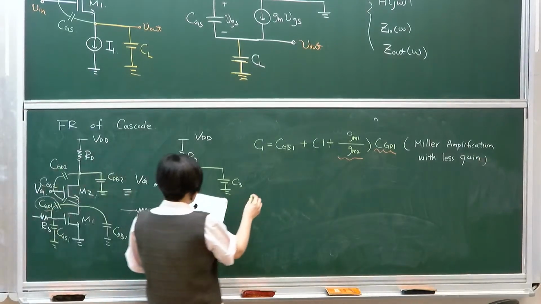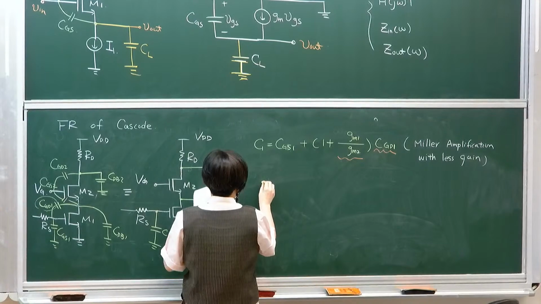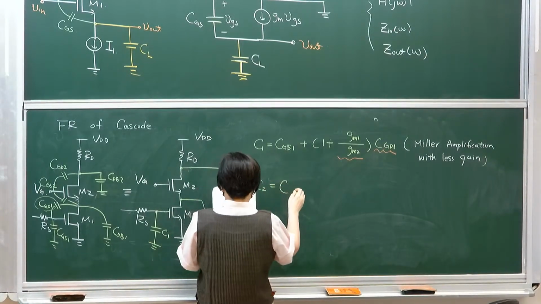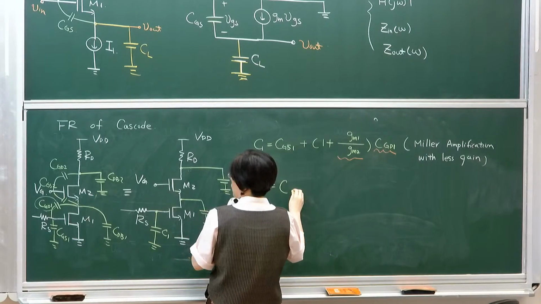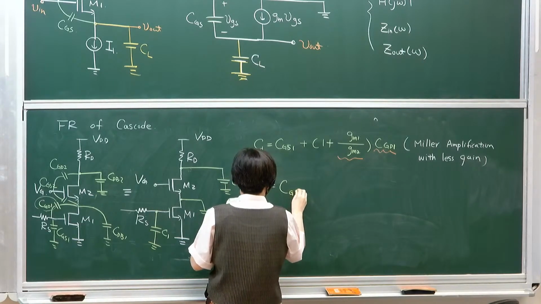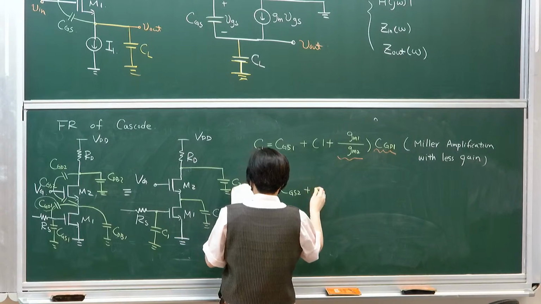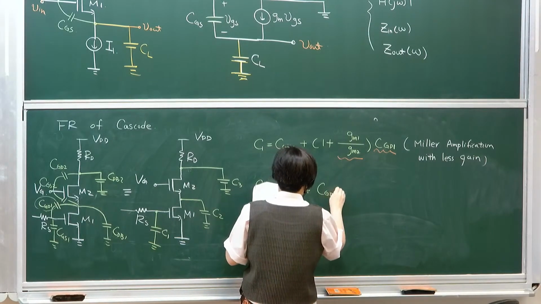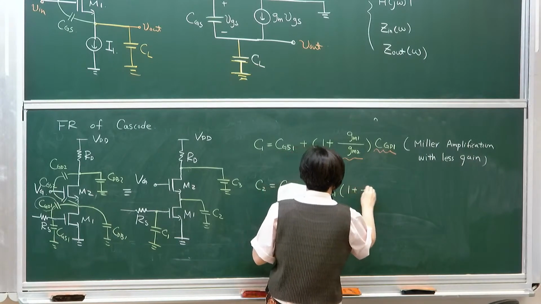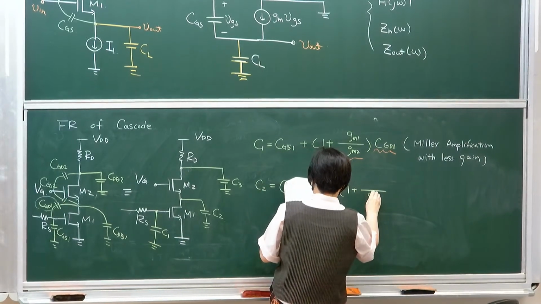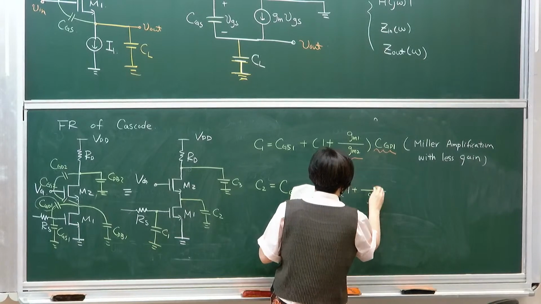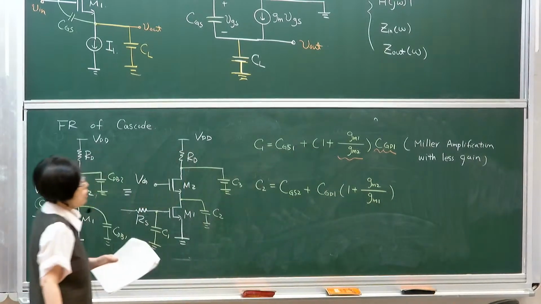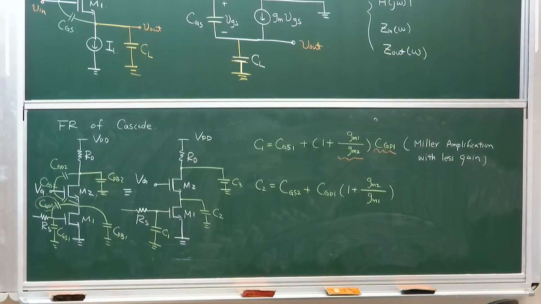And on the second terminal, the terminal 2 will be CGS2. And then it will also be subject to CGD1. And it will be the inverse of this gain, but it will still be a number close to 1.